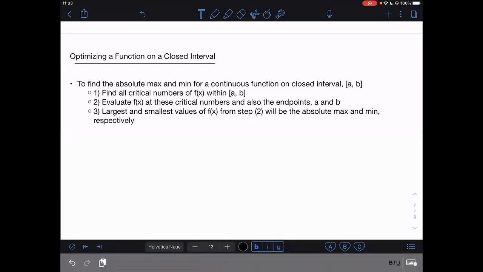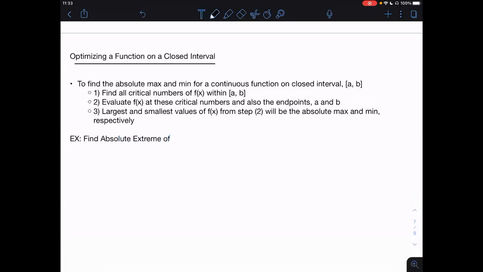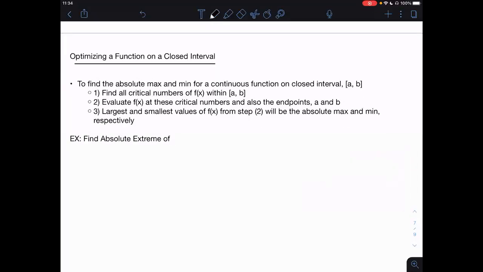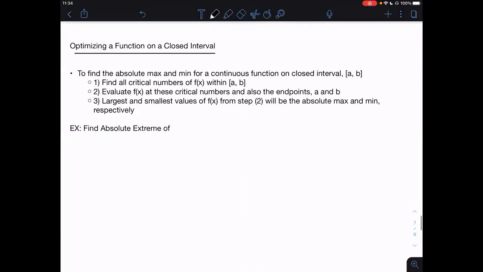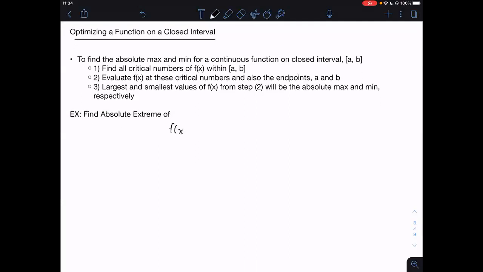All right, let's do a couple of examples here. Let's find the absolute extrema of the following function of x, where f of x is defined as x to the third minus 6x squared plus 9x plus 8.